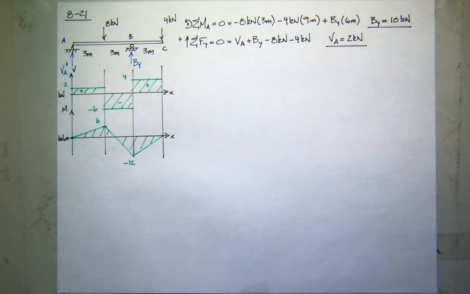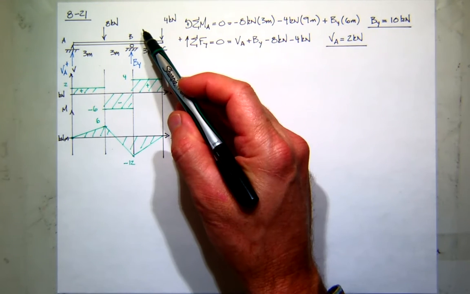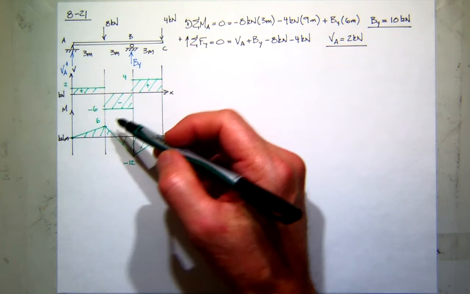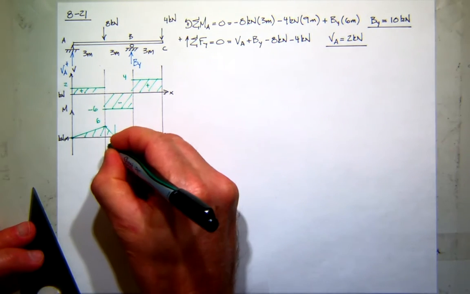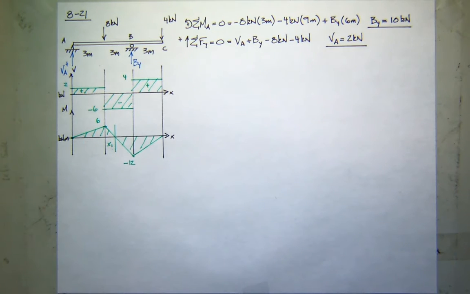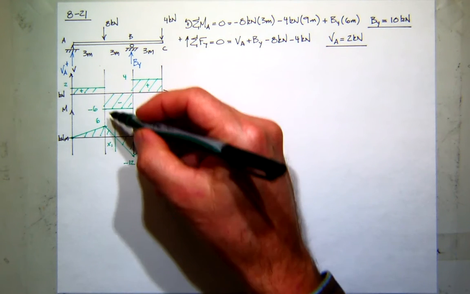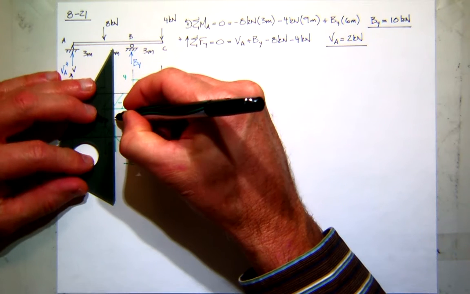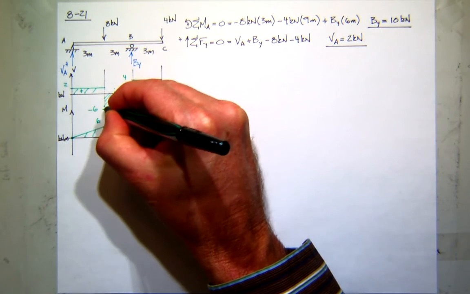Now, normally we don't worry about this, but since the moment diagram is going to be applied as load to the conjugate beam, right, we probably need to find this little value right here, this distance. I'll call it x1. What would that be? Well, remember, the change in moment is equal to the area under the shear diagram, right? Which is this little chunk right here.